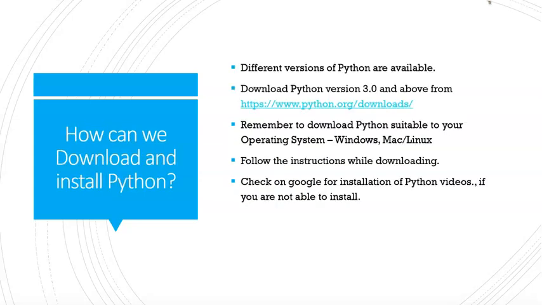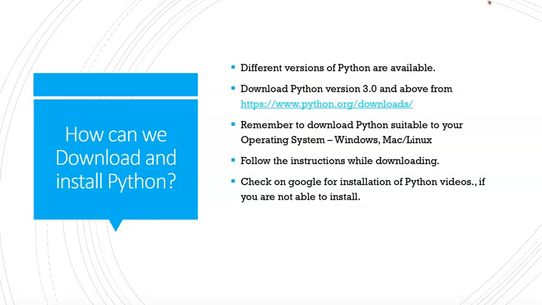How can you download and install Python? Different versions of Python are available. You cannot use whatever you like. In this course, we are going to use Python 3.x, that is all the versions which are above 3 point.